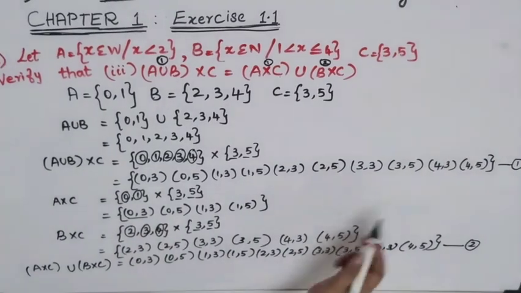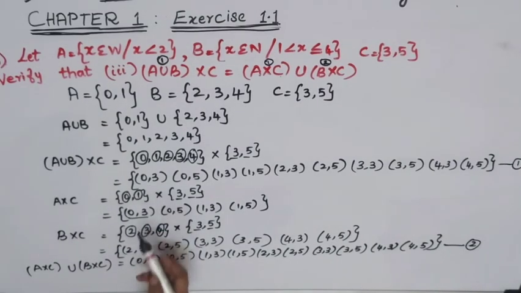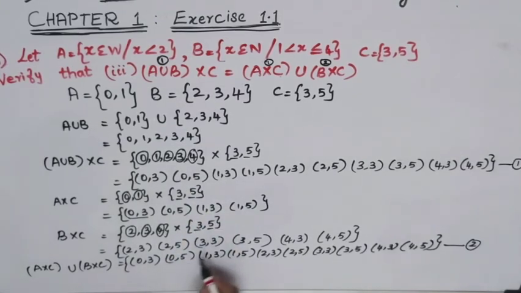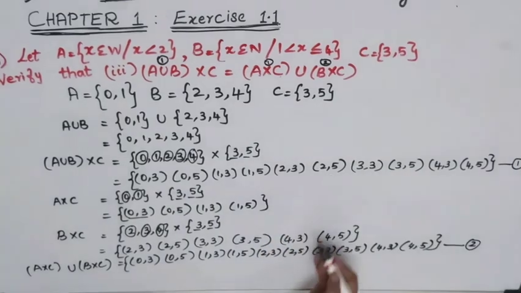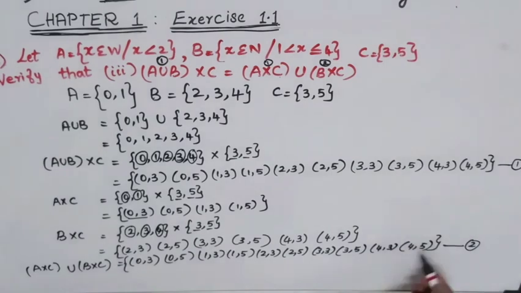Check your first and second equations, that is your left hand side and your right hand side. Both will be equal. (0, 3), (0, 3) is there. Then (0, 5), (0, 5) is there. (1, 3), (1, 3), (1, 5), (1, 5). (2, 3), (2, 3), (2, 5), (2, 5), (3, 3), (3, 5), (4, 3), (4, 5). So all the ordered pairs are equal.